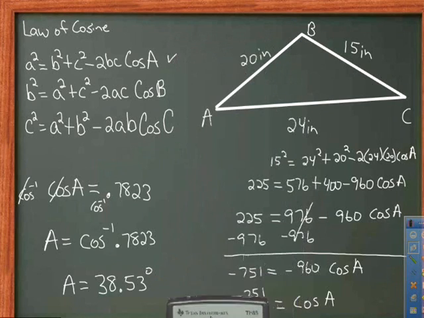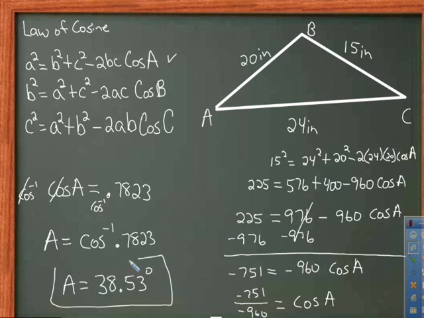Now let's go back over here and summarize what we've done. I decided that I wanted to find angle A, so I used the top equation because that one has big A. I plugged in all the values according to the equation. Then I used algebra skills to leave cosine A by itself.